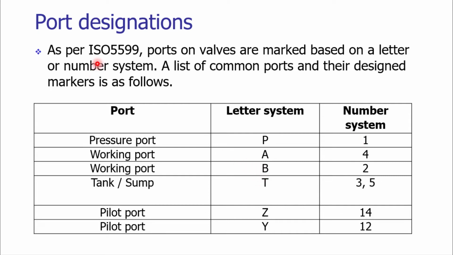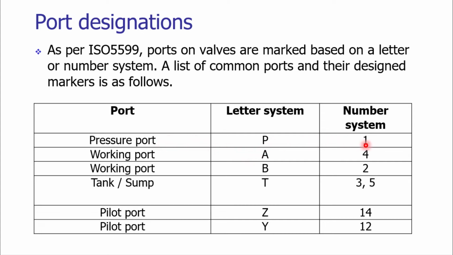Particularly the ISO 5599 is providing the facility to designate the ports by using the numbers. Or in general, we are using the letters such as the letter P for the pressure port or the power port, or you can call that as the pump port as well.